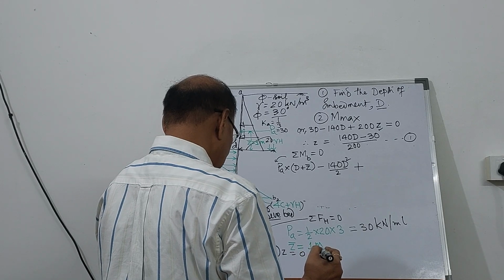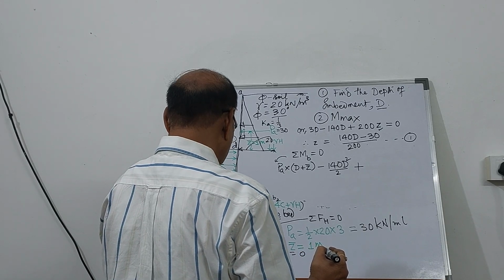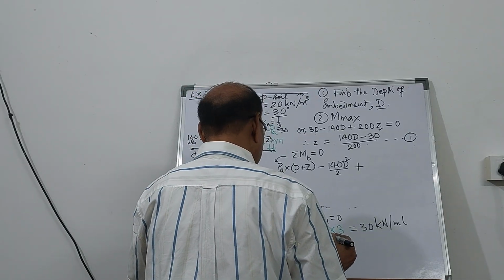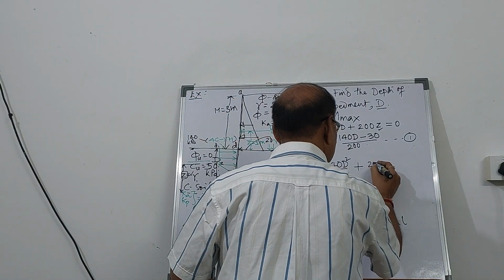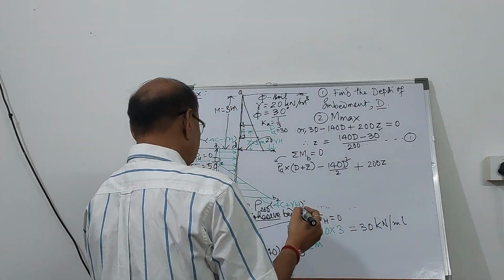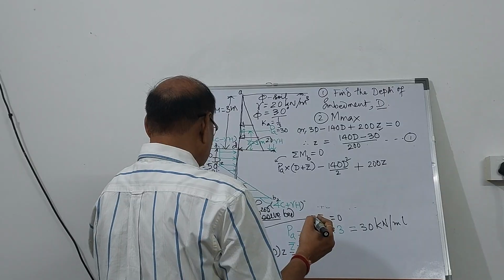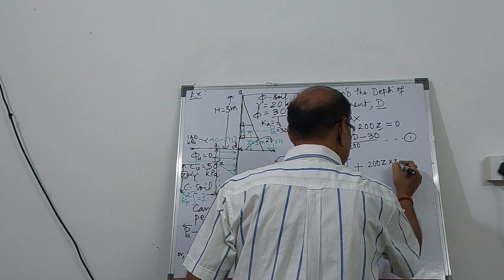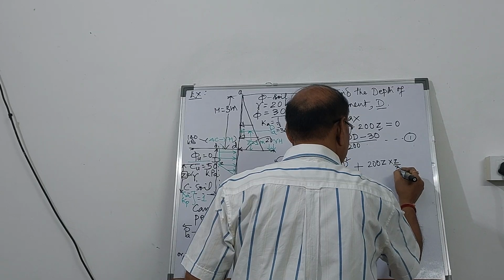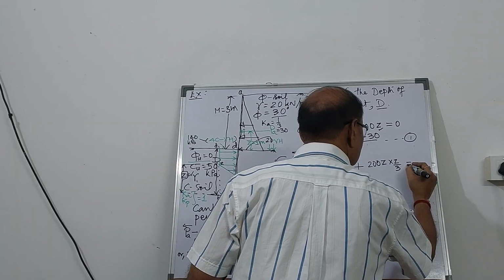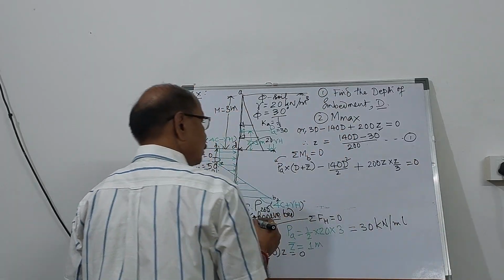That force was 200 Z. So the force is 200 Z, and from B it will be acting at Z by 3 must be equal to 0.